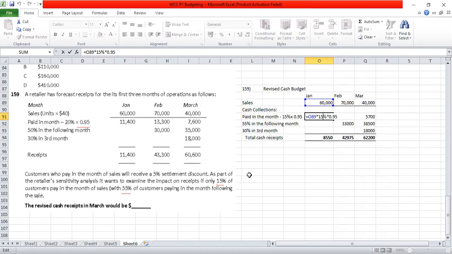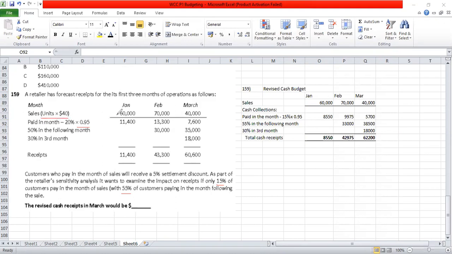So the sales is in price amount, ma'am, not in the units. It is not in units. It's given, no, sales is given as the total number of units into each unit at the rate of $40. So the calculation is already mentioned. These are not units, these are dollar values.